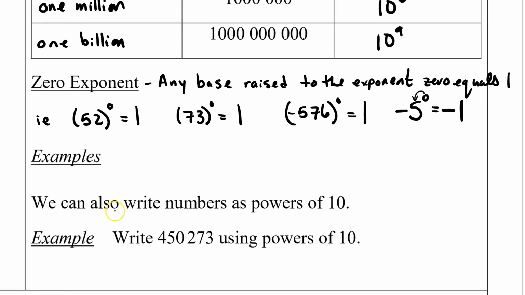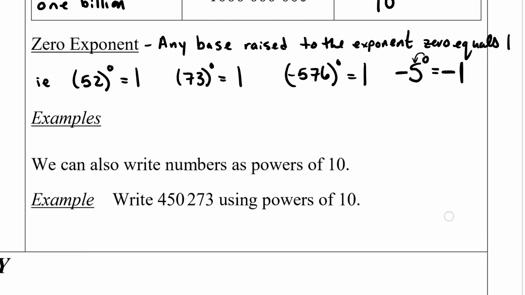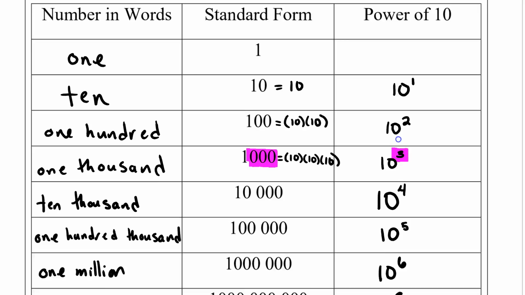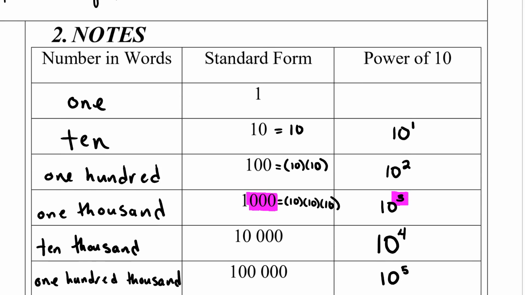We can also write numbers as powers of 10. So let's write, I'm getting a little nervous, folks, 450,273. Whew, I did it, using powers of 10. Before we go there, this one right here, 1.